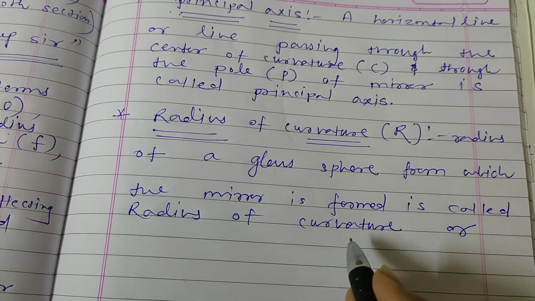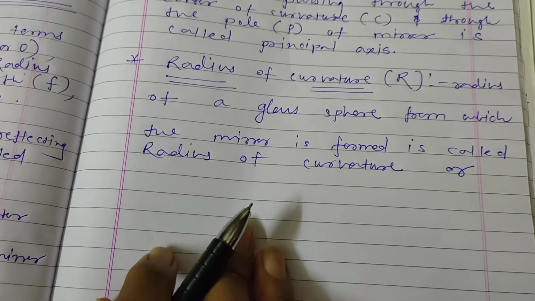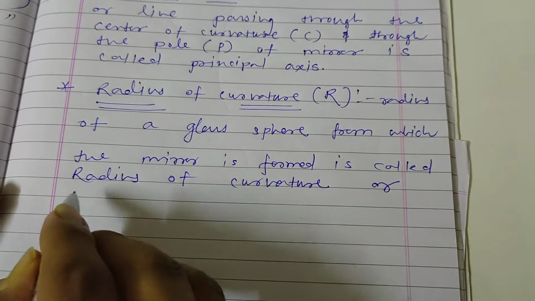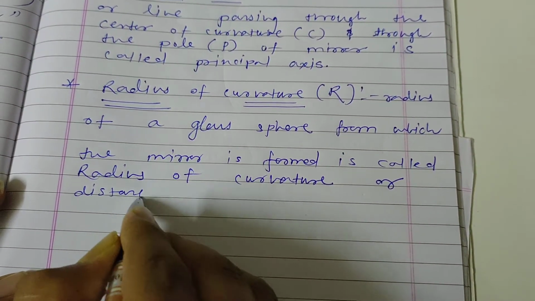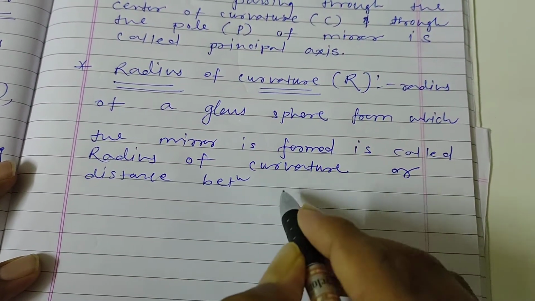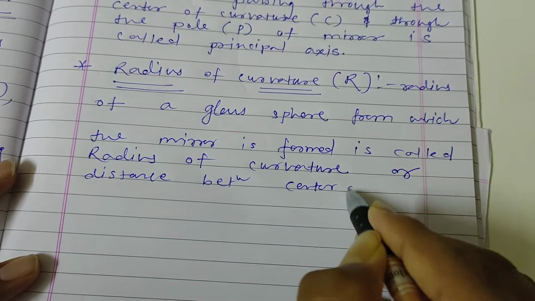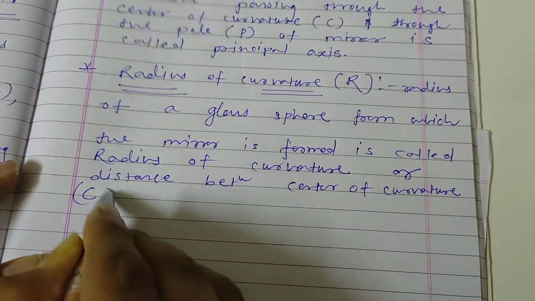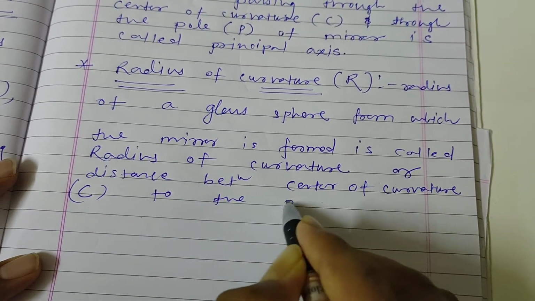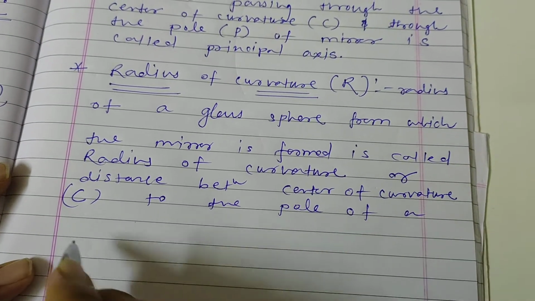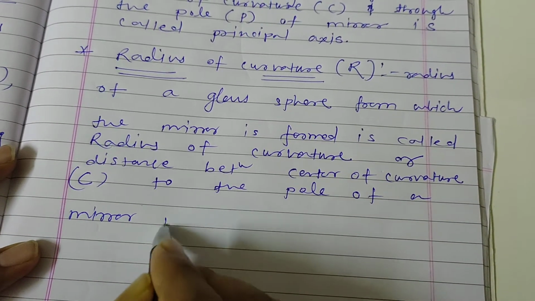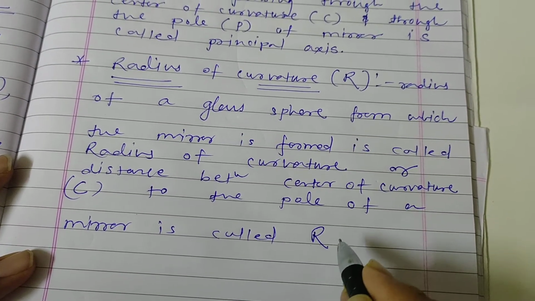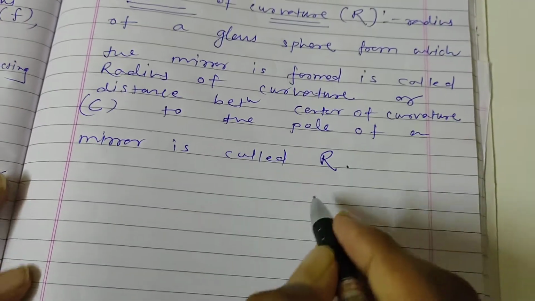Or the second way to define the radius of curvature is: the distance between the center of curvature C to the pole of a mirror is called the radius of curvature R.